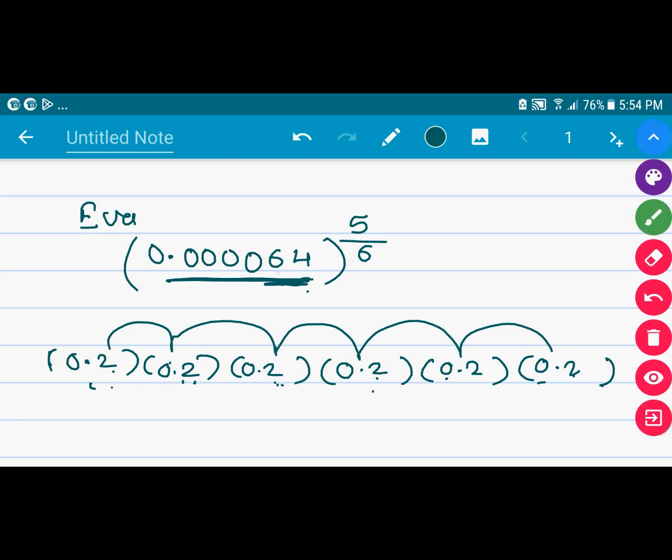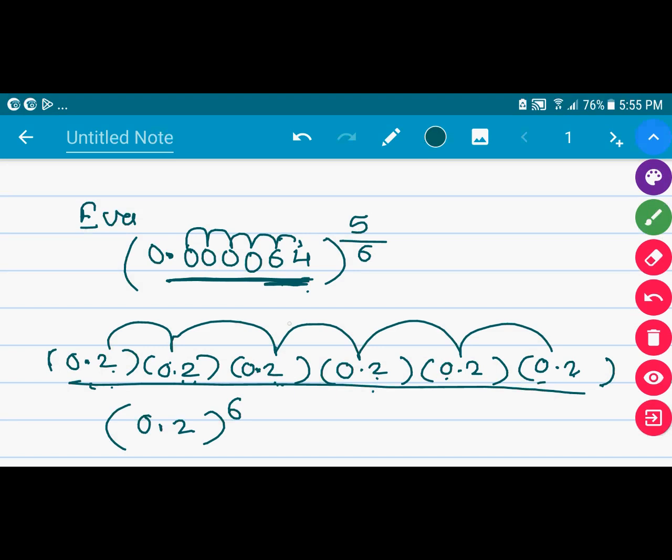So leave 6 digits from the unit place and then put the decimal. So we left 1, 2, 3, 4, 5, 6 digits and put the decimal. So yes, it is the form of 0.2 raised to 6.